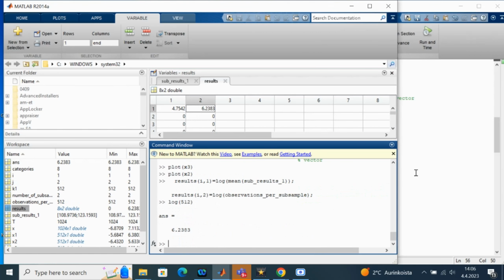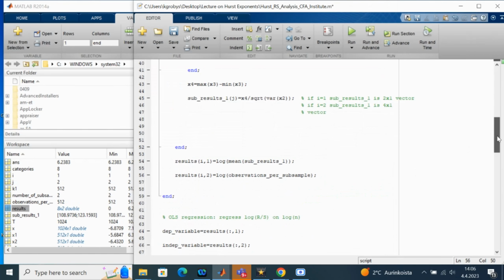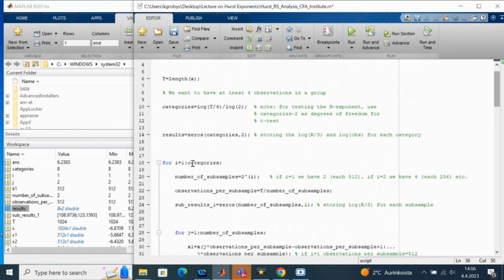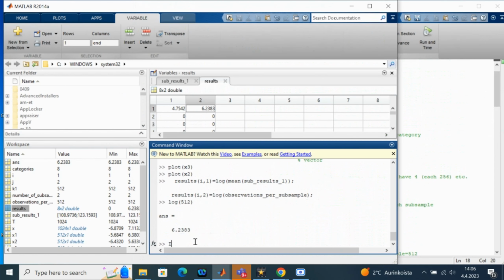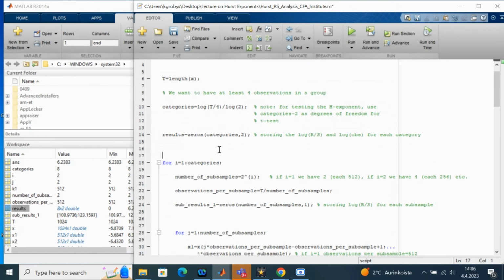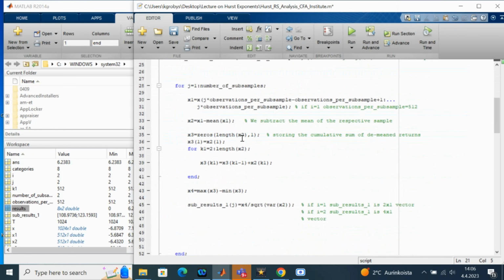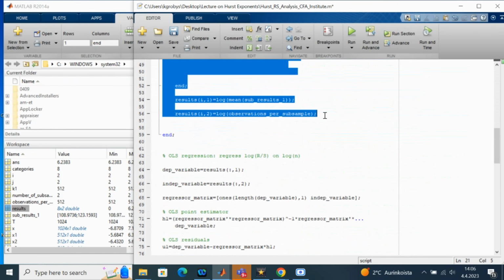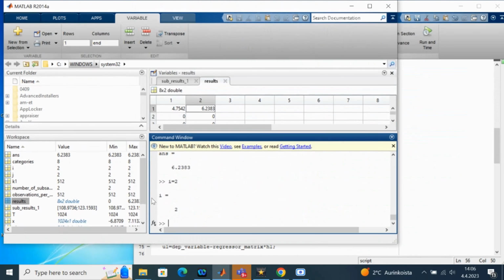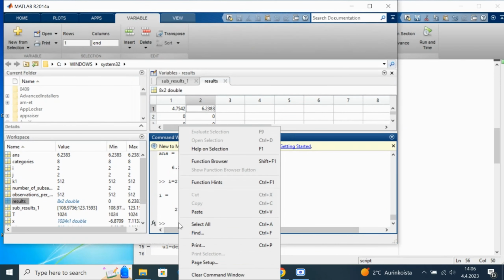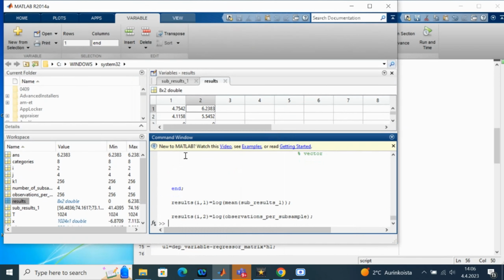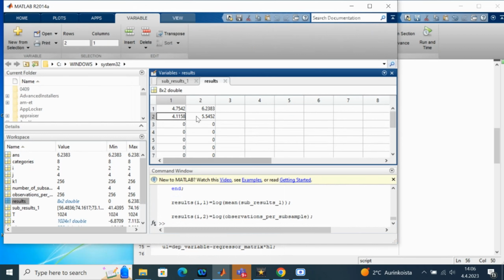So in the same manner, we can do the next iteration. Then i would be equal to 2. All right, let's set i equal to 2. We can again copy what is in that loop, and we will hopefully see that now we have stored the second result.